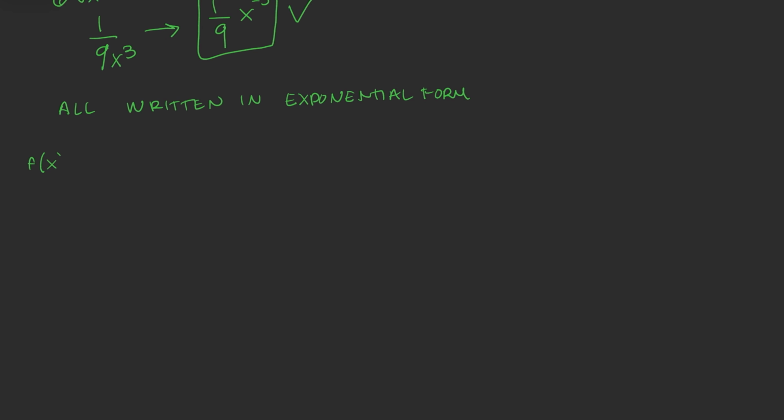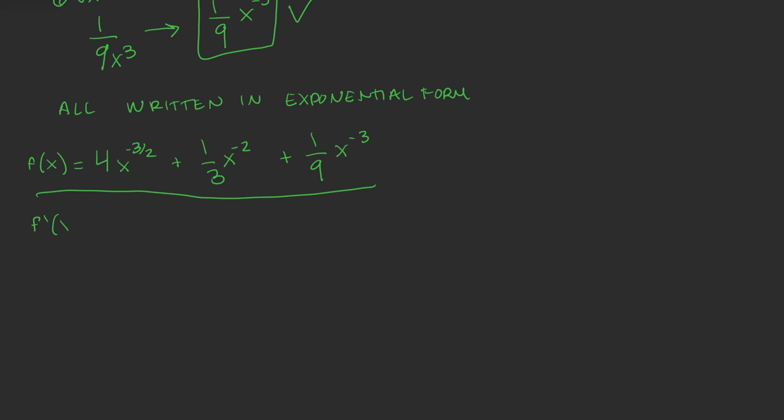F of x equals 4x to the negative 3/2 plus 1/3 x to the negative 2 plus 1/9 x to the negative 3. Okay, so this right here is equal to our original function, just rewritten in exponential form. So it's only now that we can take the derivative. So that would look like this.